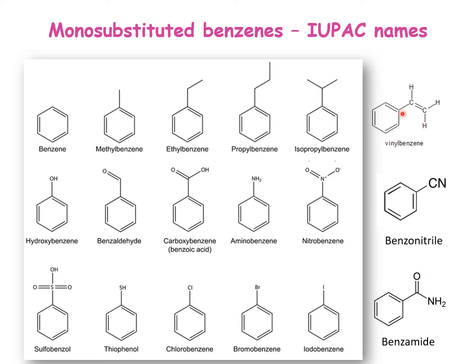So ring double bond, then there is a single bond, and then there is again a double bond. It is called vinyl benzene. A nitrile group, that is a cyano group substitution, will give us benzonitrile. A carboxylic amide substitution will give us benzamide. So according to IUPAC, we can have the suffix benzene or a prefix of either benza or benzo, as the case is.